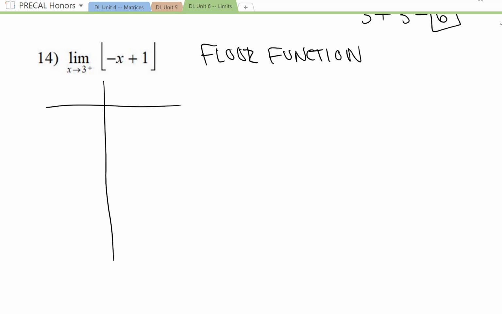Now we really care about approaching 3 from the right, so from the greater than. So just to get a little sense of where we're at, I'll start with 2.5. Then we'll plug in 3, 3.5, 4, and 4.5.